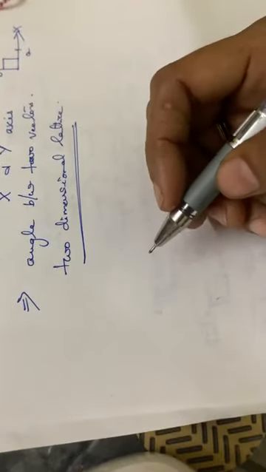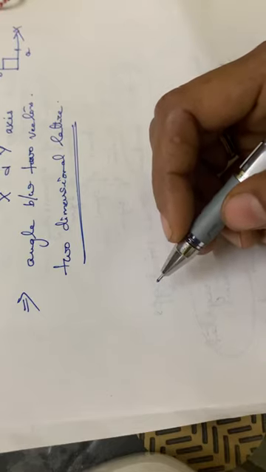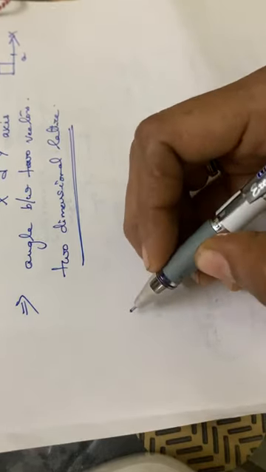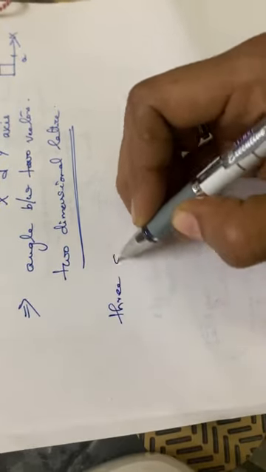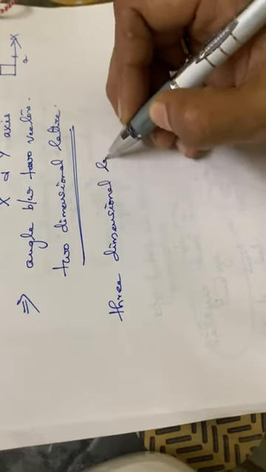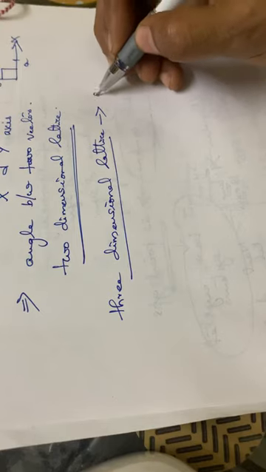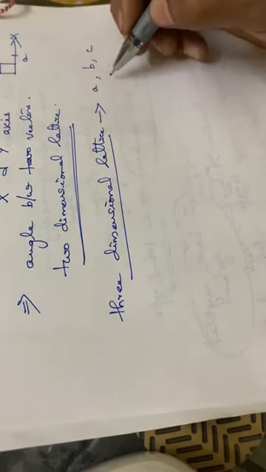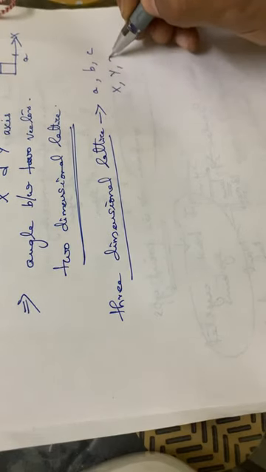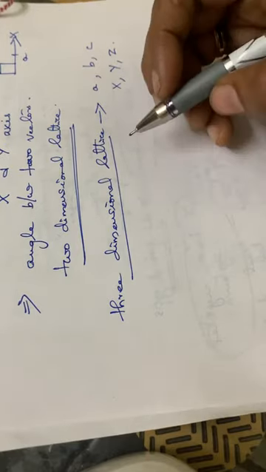Then the next one we have to go through is the three-dimensional lattice. See here, for a three-dimensional lattice, how many vectors will be there? 3 vectors will be there. The basic vectors will be A, B as well as C, along 3 axes, that is X, Y as well as Z axis.